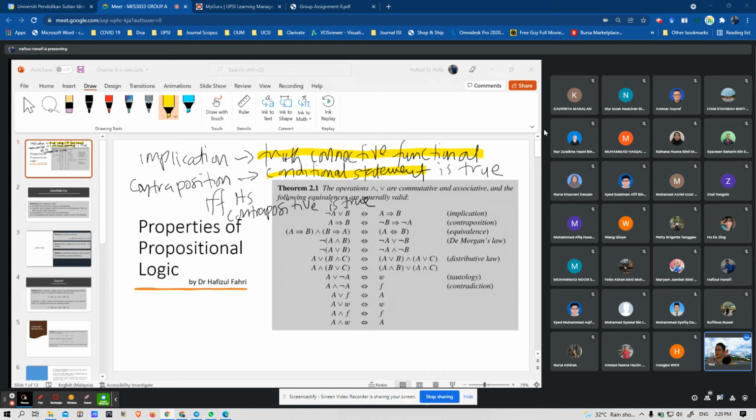Basically, logical equivalence is a type of relationship between two statements or sentences in propositional logic, or sometimes in Boolean algebra. The relation translates verbally into if and only if, IFF, and is symbolized by a double arrow pointing to the left and the right.